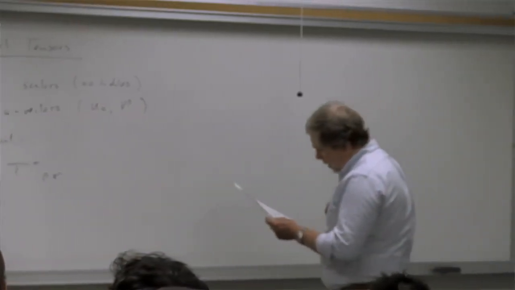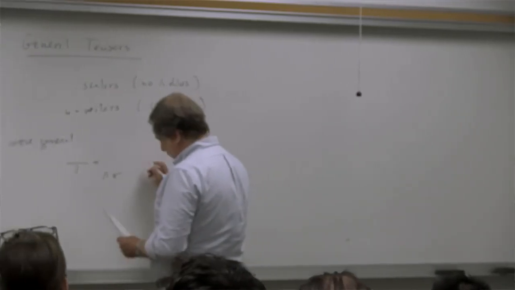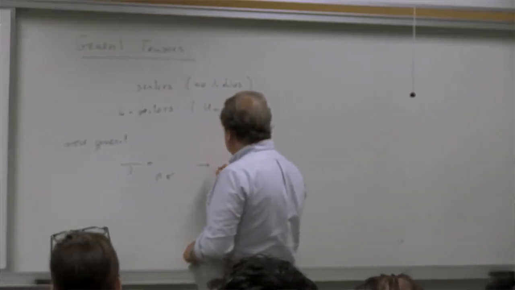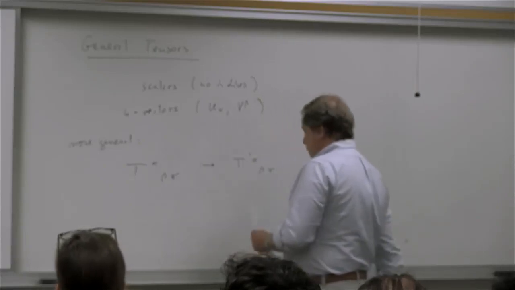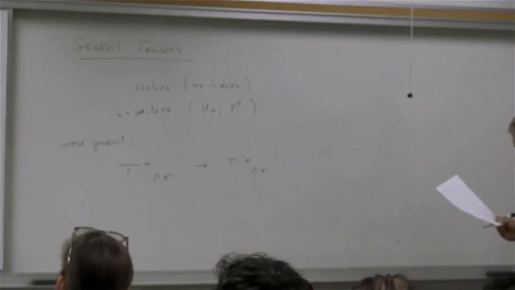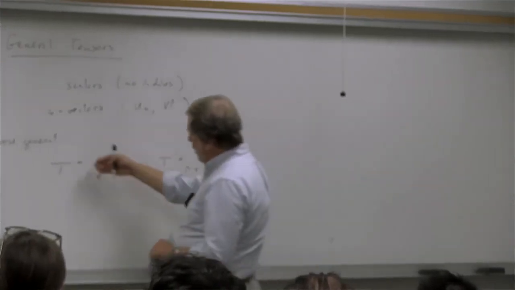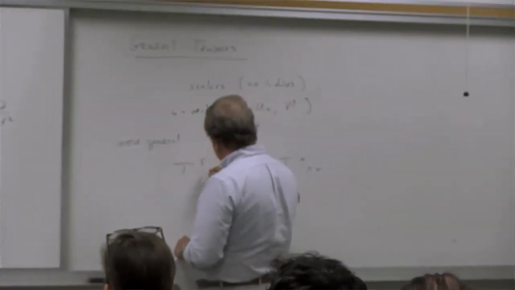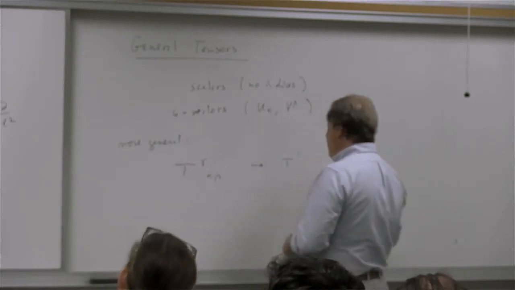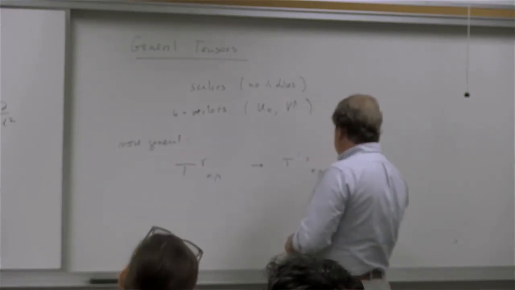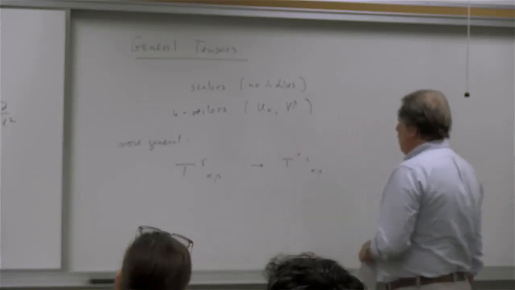This will transform, and let me put the index for clarity. Let me put this index upstairs here as a gamma and this as an alpha and beta. So let me write it as T gamma alpha beta with the prime.